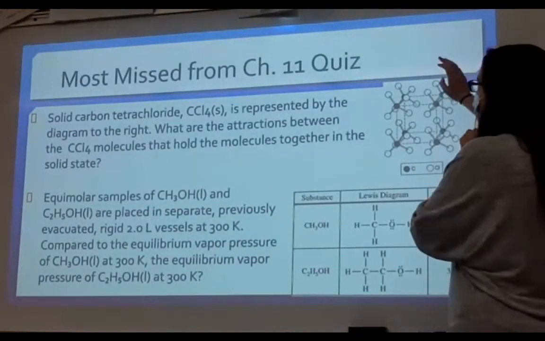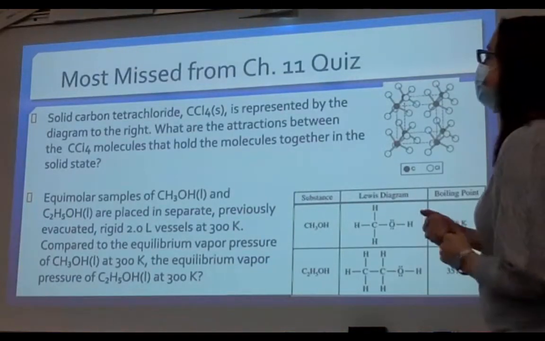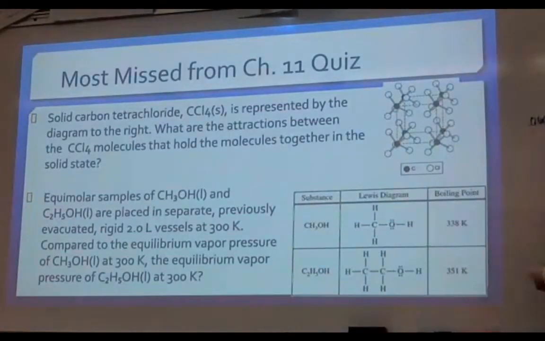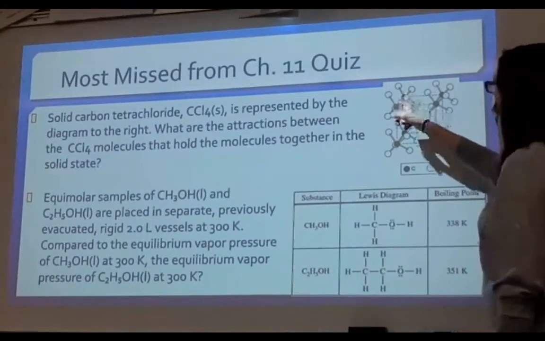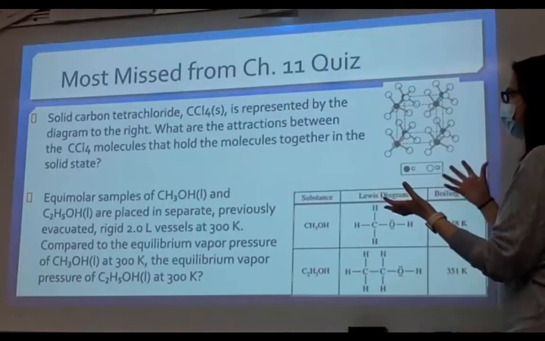For Chapter 11, remember Chapter 11 was all about intermolecular forces and properties of liquids. So looking at vapor pressure, boiling point, tying it back into intermolecular forces. The first question: solid carbon tetrachloride, CCl4, is represented by this diagram. This shows multiple molecules of CCl4 close together that represents a solid.